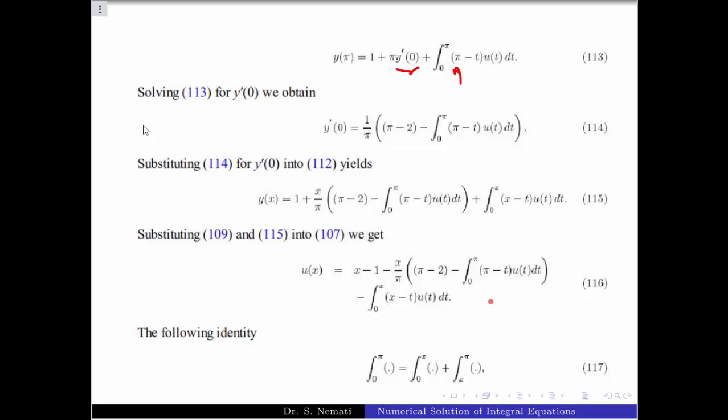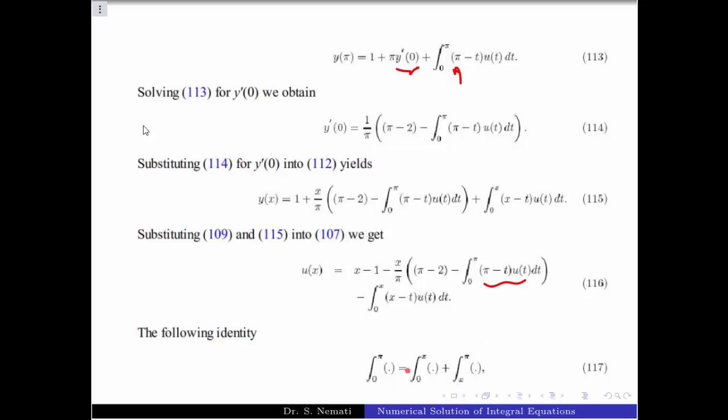Here we have the integral of an expression from 0 to pi and from 0 to x. We have the identity that the integral of an expression from 0 to pi is equal to the integral of that expression from 0 to x plus from x to pi.